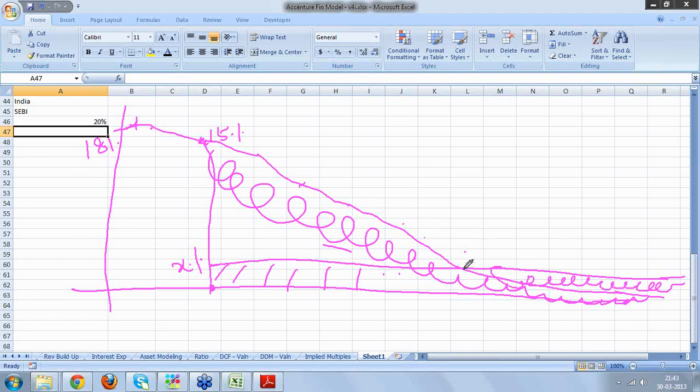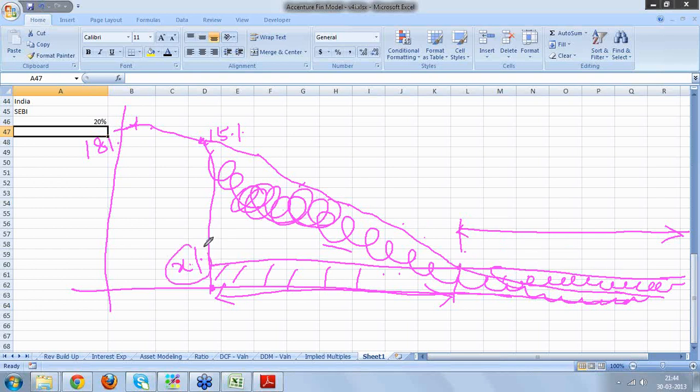But remember that this time period is countable, it may be 10 years, 15 years, but this time period is completely uncountable. So even 0.1% in excess over eternity can still be good enough to capture the area which is here. So you should ideally choose this terminal growth rate which is good enough to compensate.